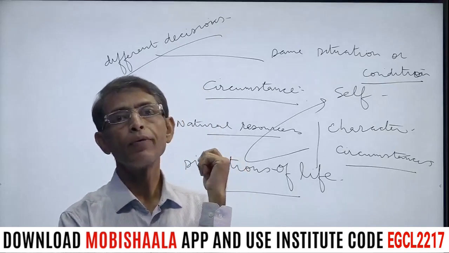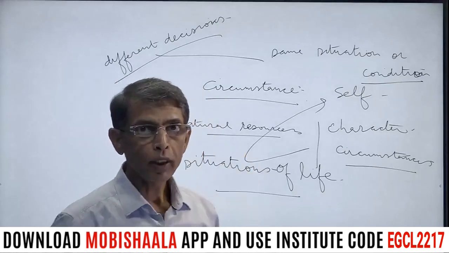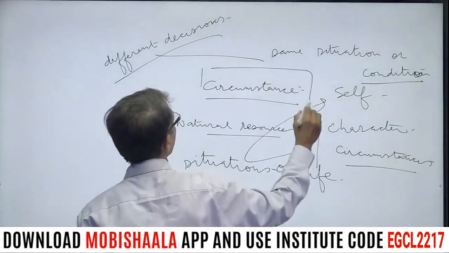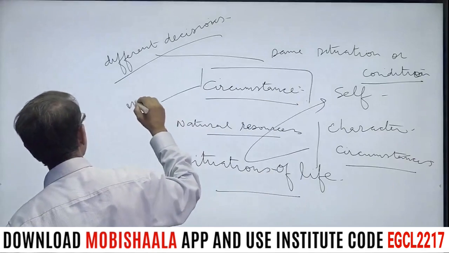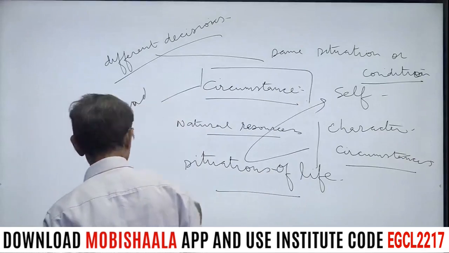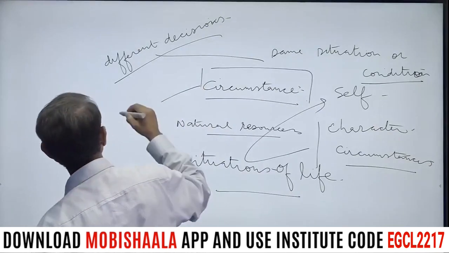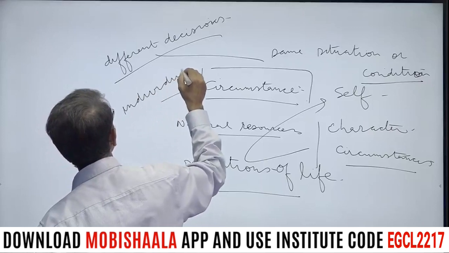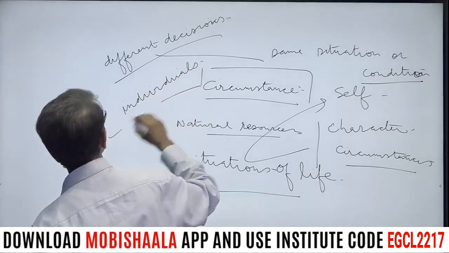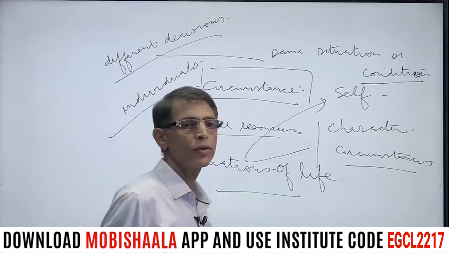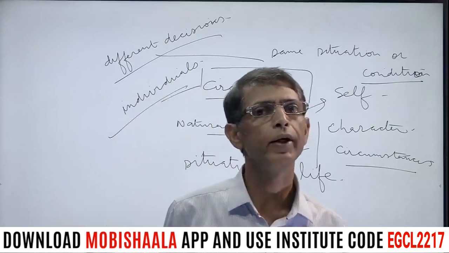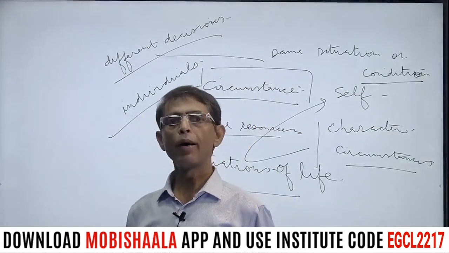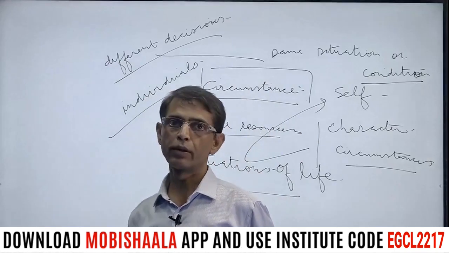So it depends on the individual, and that's why circumstances differ with individuals. Just try to understand. This is what I want to say here. Circumstances are defined on the basis of the individual. The same circumstance may be positive for one and negative for another.